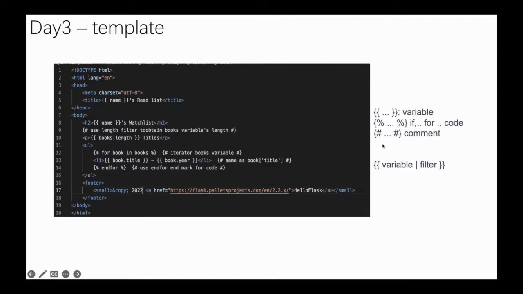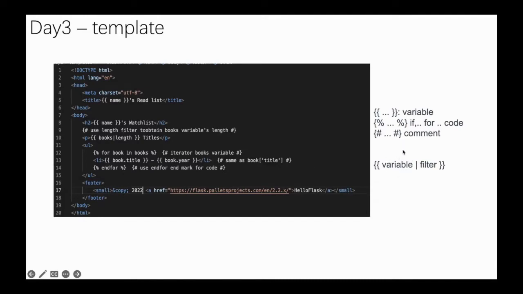For example, here the name is a variable, and for book in books is a kind of condition code stored here. Actually, this is the comment.